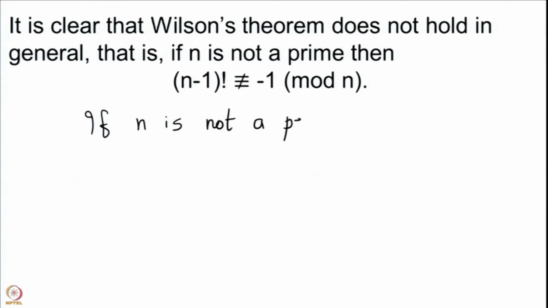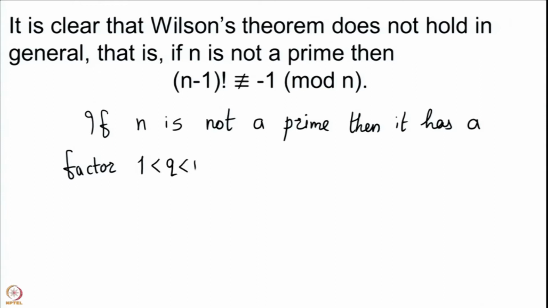If n is not a prime, then it has a factor which is not equal to 1 and not equal to n, by the very definition of primes, but you can also get that factor to be itself a prime.